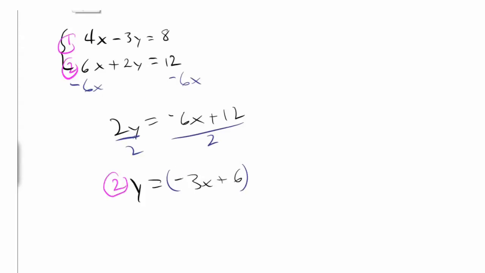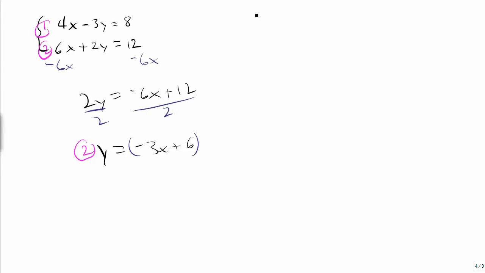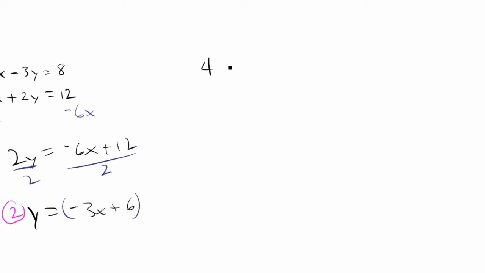So equation 1 starts out 4x minus 3y. I'm not putting y, I'm putting negative 3x plus 6, and that equals 8.